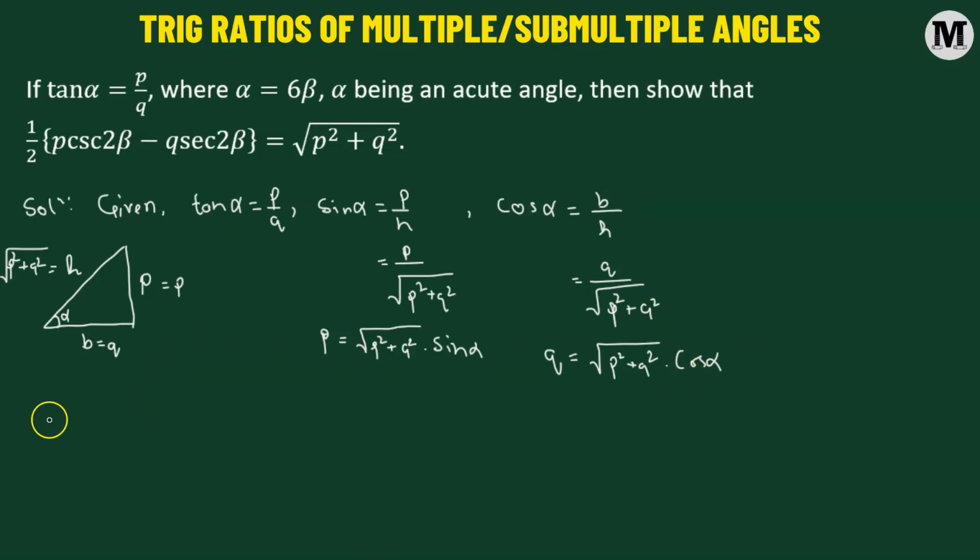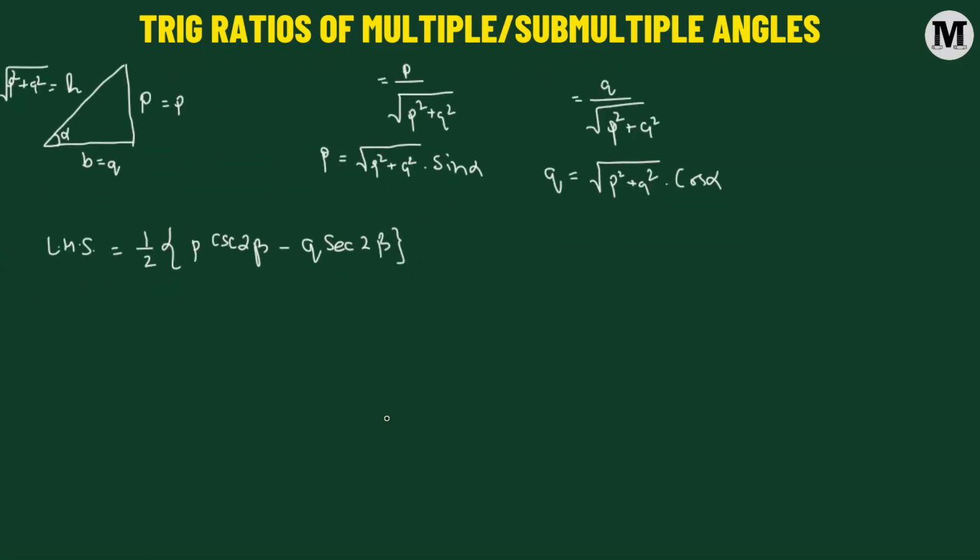Now let's start from the left hand side of the given problem. So we have half multiplied by P times cosecant of 2 beta minus Q times secant of 2 beta. Now we know that cosecant and secant are the reciprocals of the sine and the cosine function respectively. So we have half multiplied by, cosecant of 2 beta will become 1 over sine of 2 beta, minus Q times secant of 2 beta. If we take the reciprocal, we have Q over cosine of 2 beta.